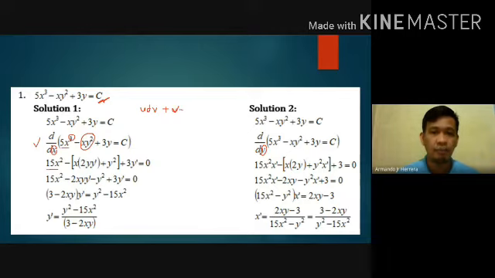So, that gives you derivative of xy squared: x times the derivative of y squared with respect to x, which is 2y prime.